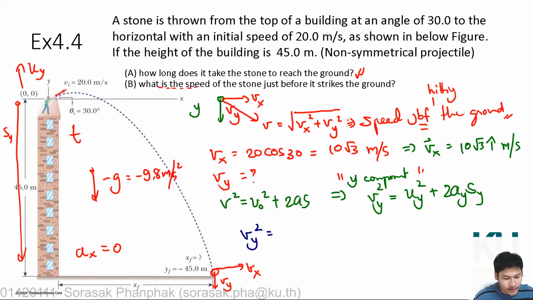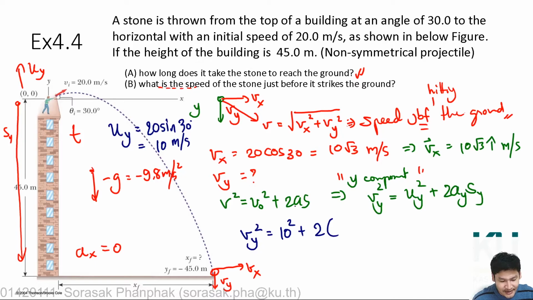How about u? Your uy is your 20 sine theta, or sine 30, which is equal to 10 meters per second. So sub this u in: it's 10 square plus 2, and your a is minus 9.8, right? This is plus 10, this is minus 9.8, and your displacement is downward, so it's minus 45.